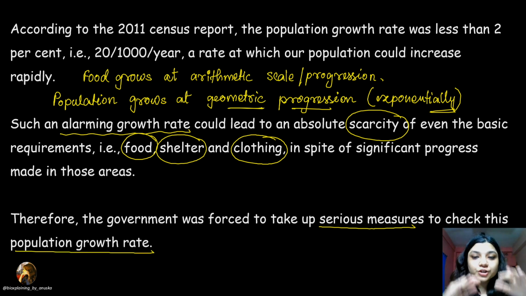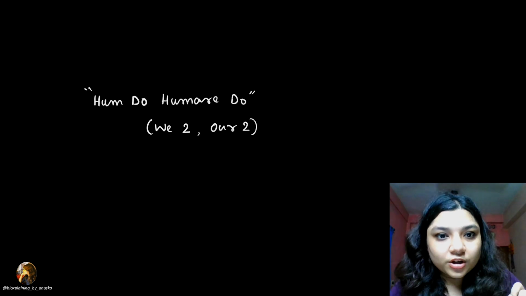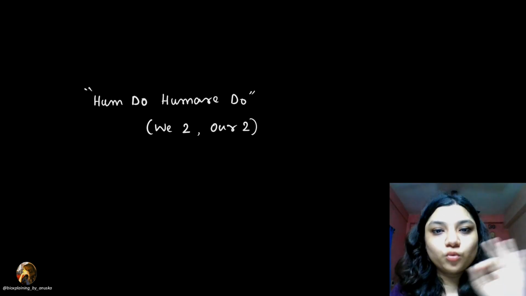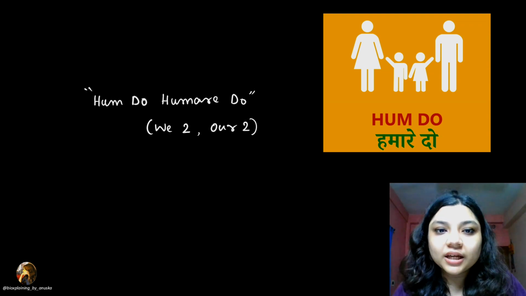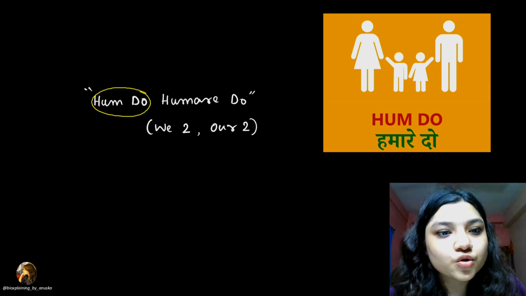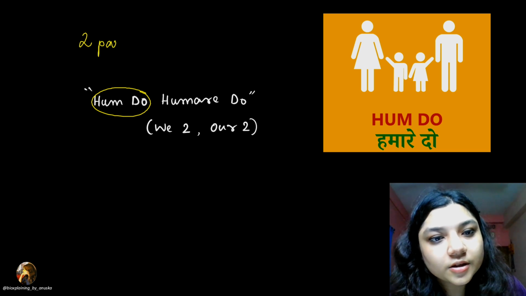The question was now how to decrease the population, keep it in check. The government was interested in this. So they brought in measures like "Hum Do Hamare Do", right? What is the meaning? Who is "Hum Do"? "Hum Do" refers to the two parents.